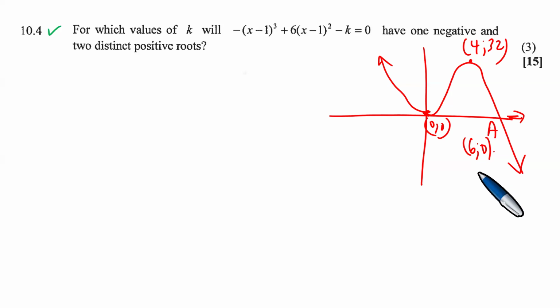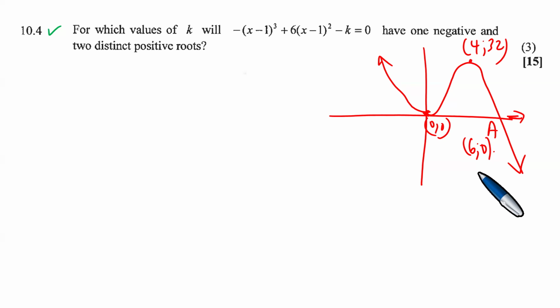For which values of k will minus, open bracket, x minus 1 cubed plus 6, open bracket, x minus 1 squared minus k equals 0 have 1 negative and 2 distinct positive roots?